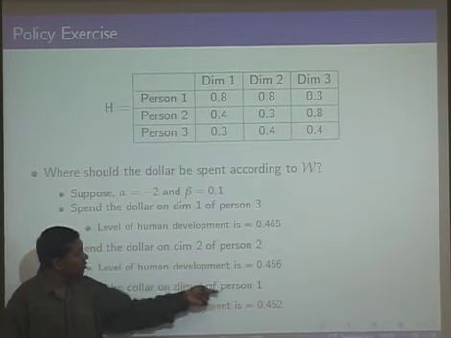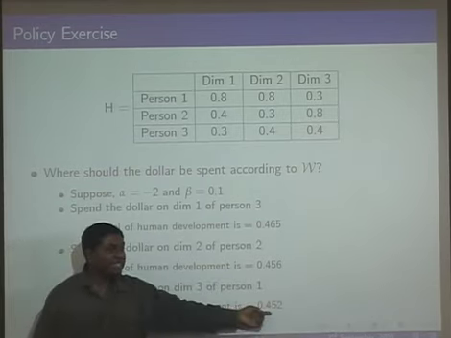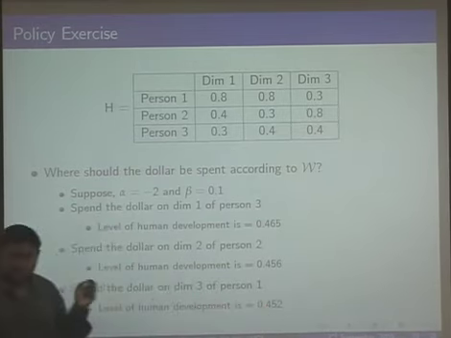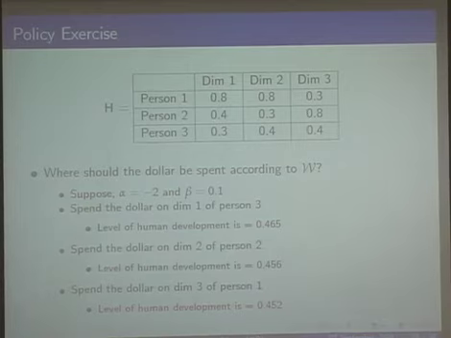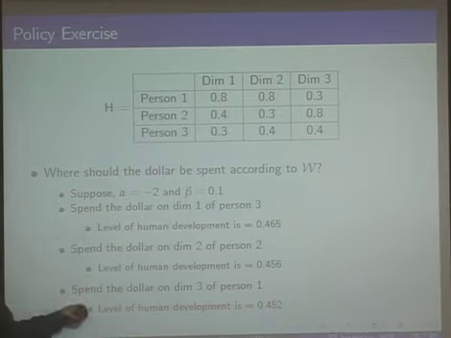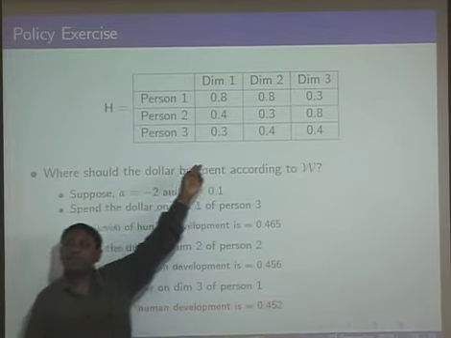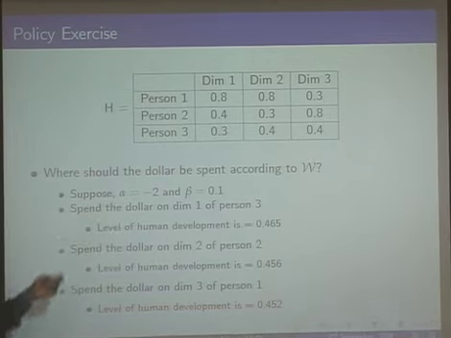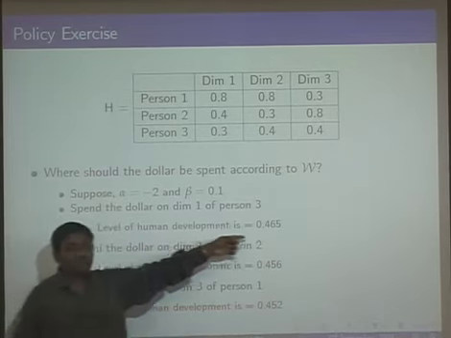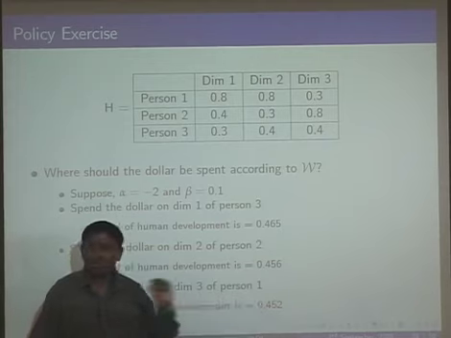If you assist person 1 in dimension 3, then you have the least increase in your HDI. So if you could convince a policymaker to apply this index, then the policymaker should have an incentive to assist the third person who is ethically important, because that will fetch the maximum increase in your human development compared to these two.